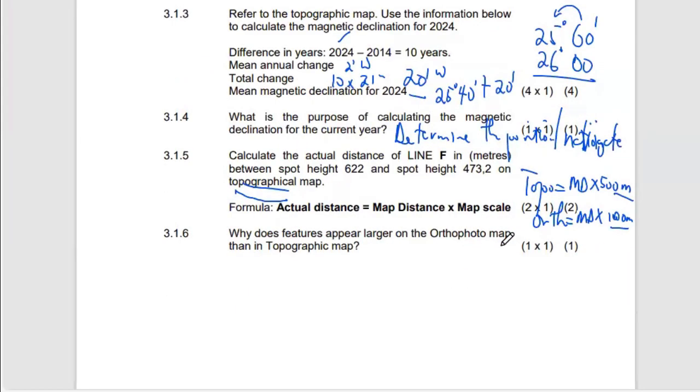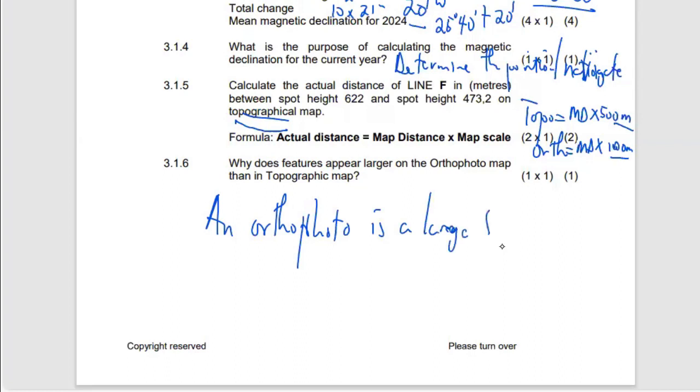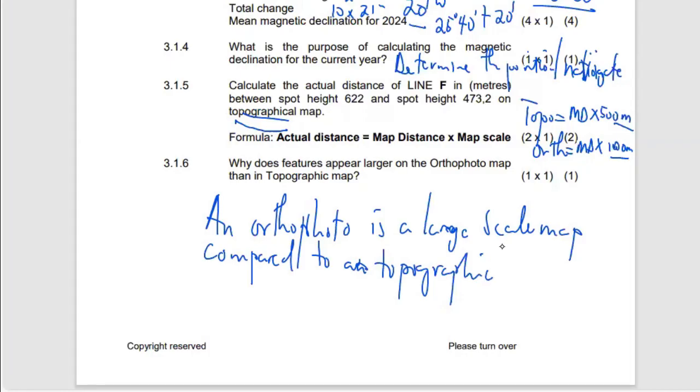Why does the feature appear larger on the orthophoto map than on the topographic map? The reason is that an orthophoto is a large scale map compared to a topographic map.